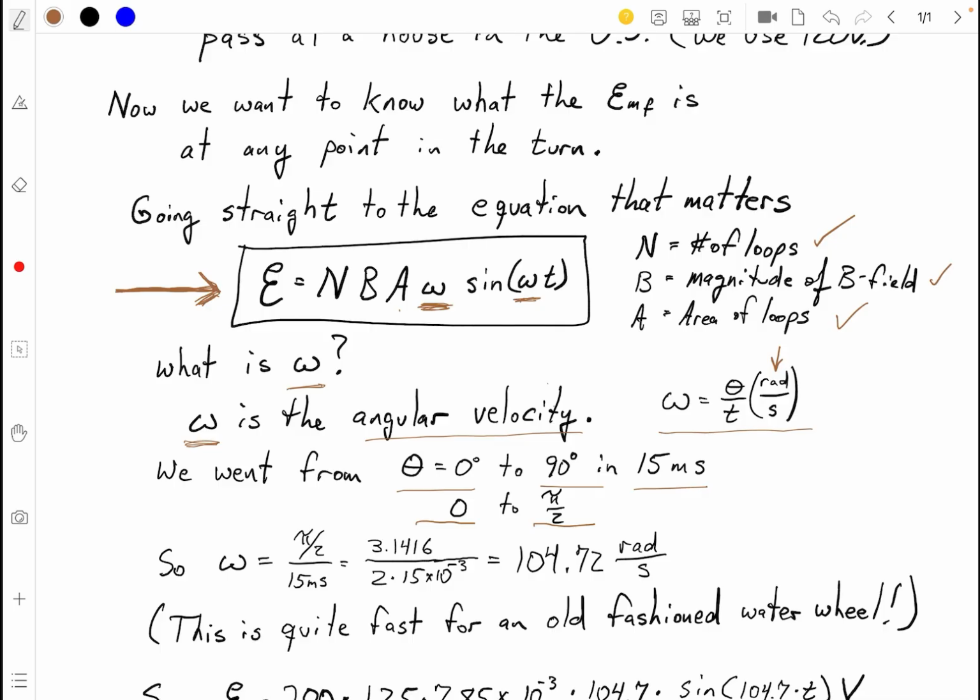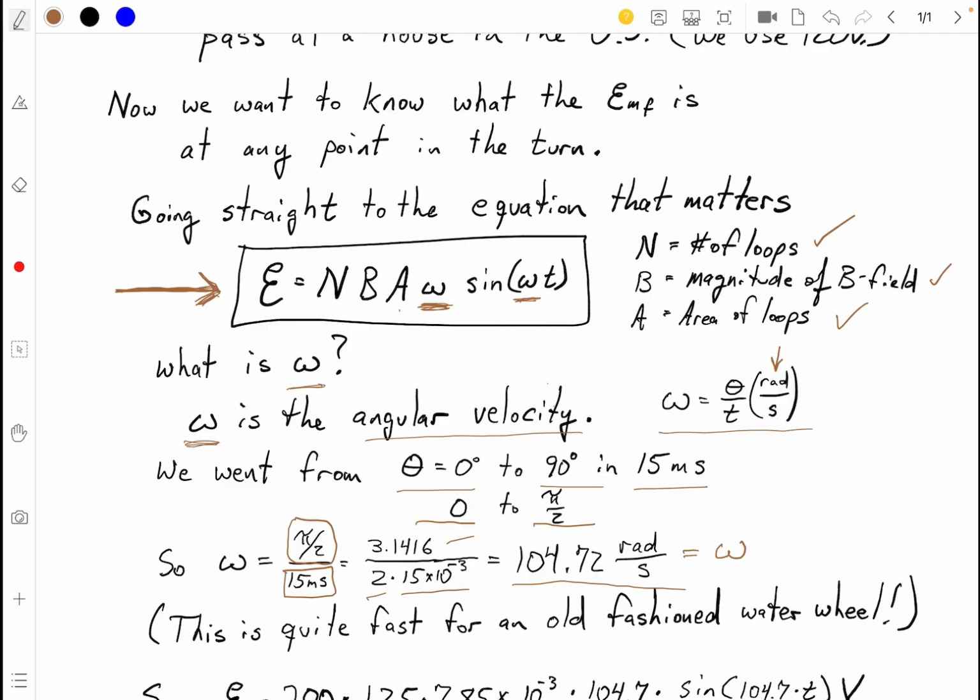We went from 0 to pi over 2, whatever, but this is the distance we went. And we did it in this many seconds. So pi over 2 is equal to pi, and then there's our 2, and then there's the seconds. That gives us an omega that is equal to 104.72 radians per second.